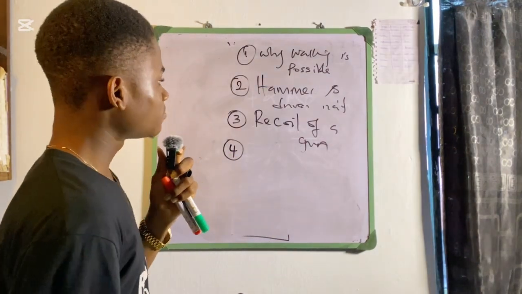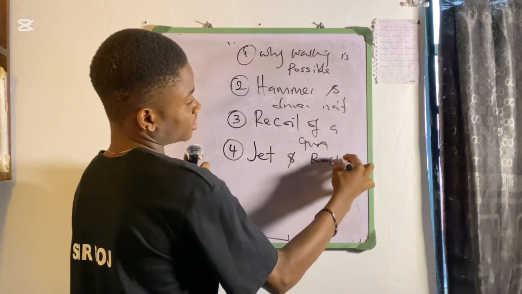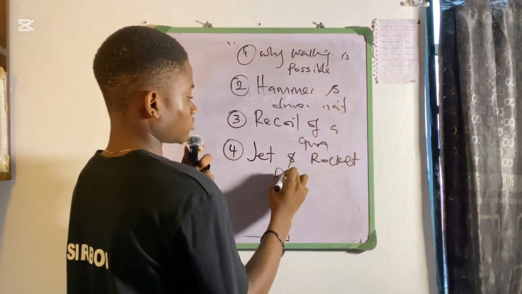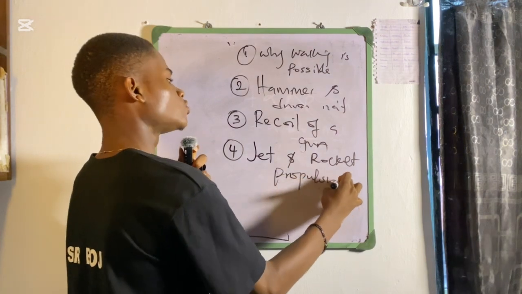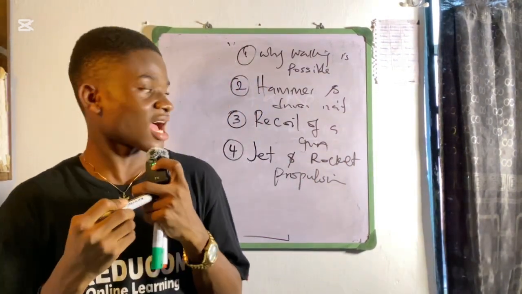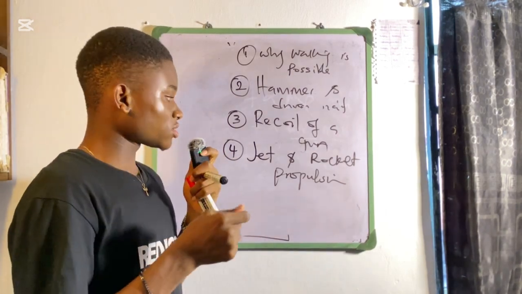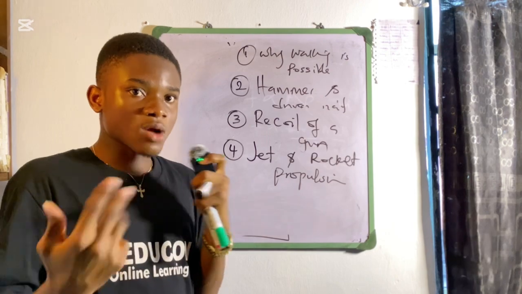Then number 4, jet and rocket propulsion. How do jets and rockets move? Have you wondered why they move and how they move? It is because as they are moving, fuels are burning.